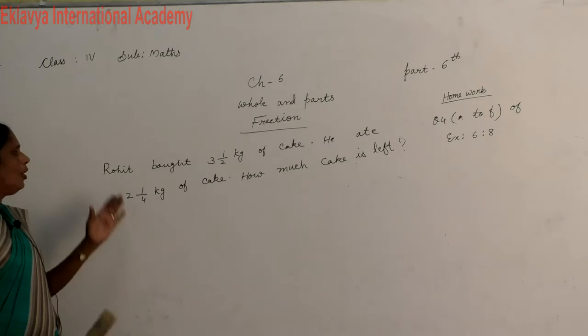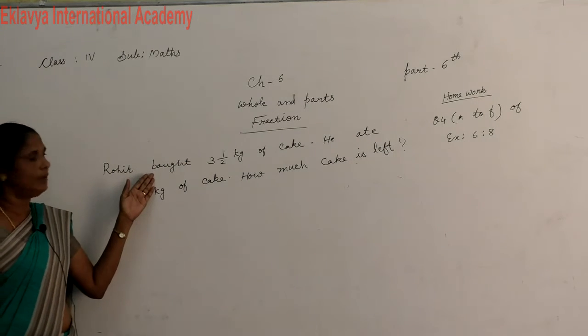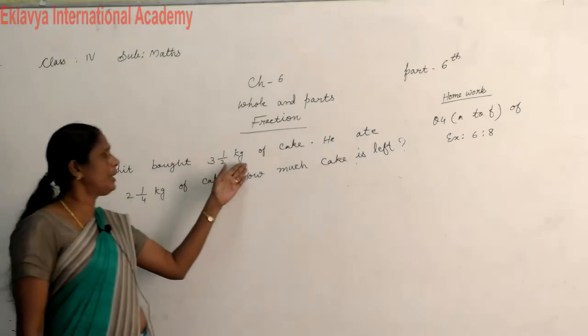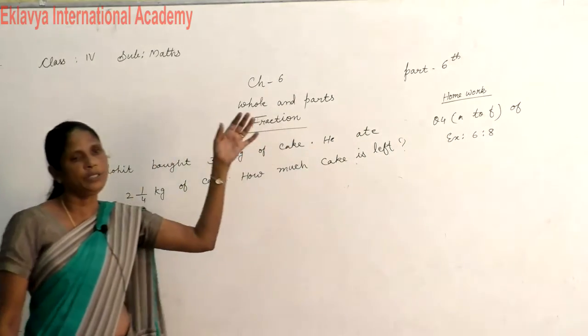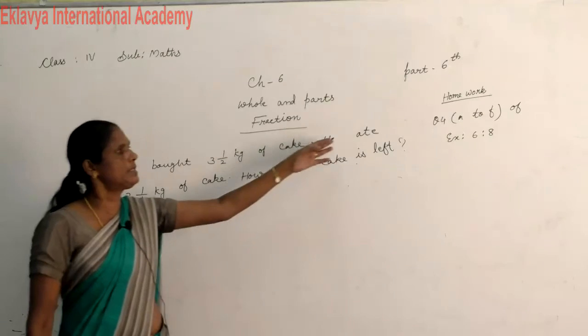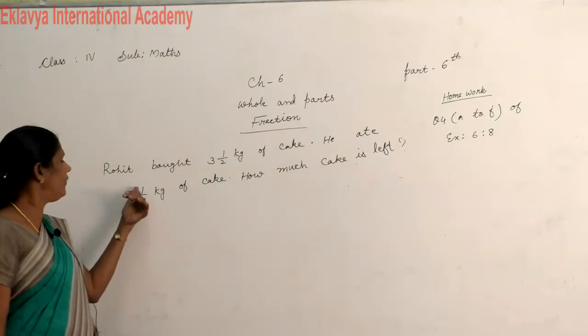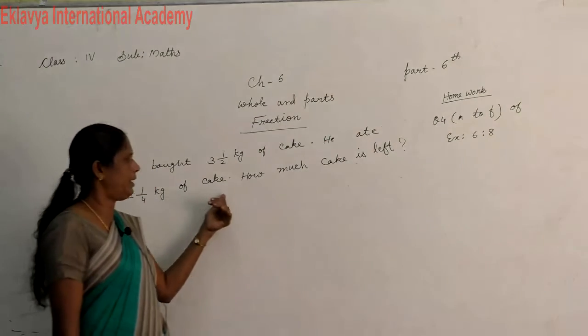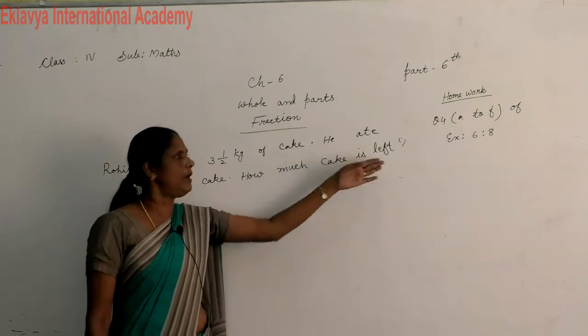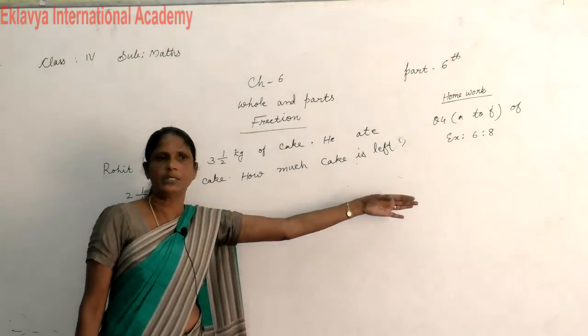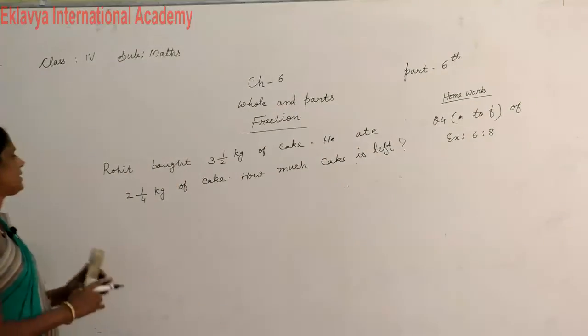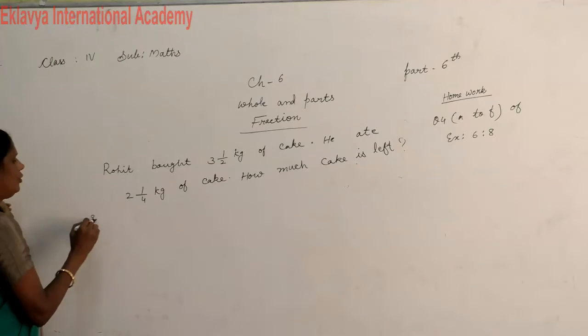Here Rohit bought 3 1 by 2 kg of cake. He ate, ate means eat, it is the past tense, 2 1 by 4 kg of cake. How much cake is left? Which word comes here? Left. Therefore, this is subtraction. First, this solution.